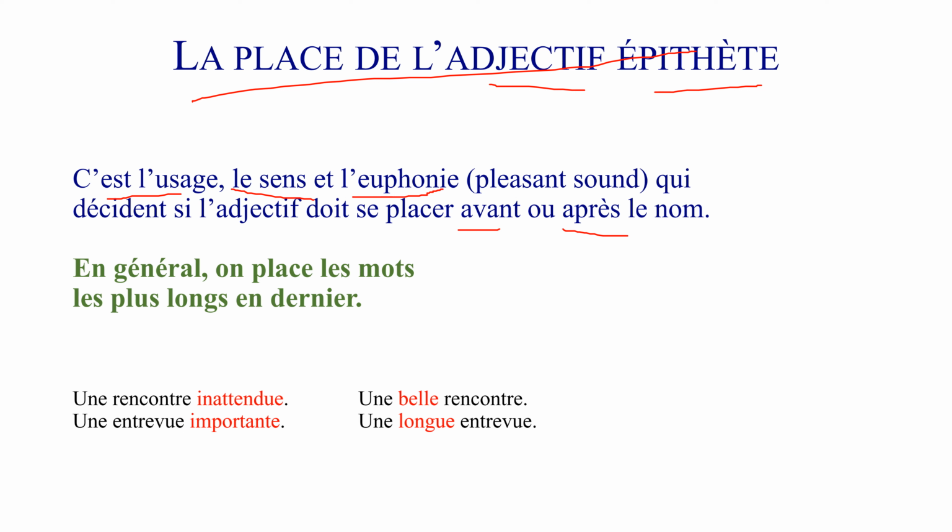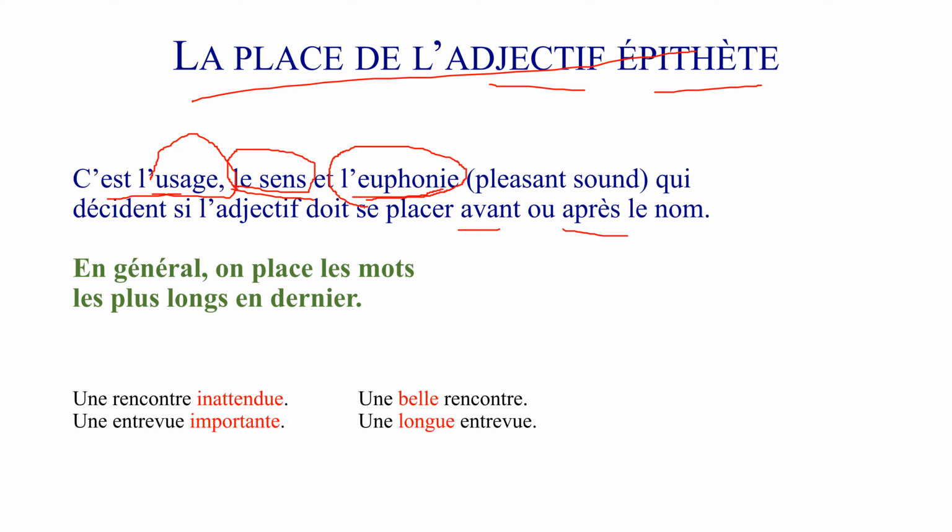So what decides if it should go before or after? L'usage, the usage, le sens, the meaning, l'euphonie. A very beautiful word. What does it mean? It simply means you want to eliminate the awkwardness of the sound. This is also one determinant.